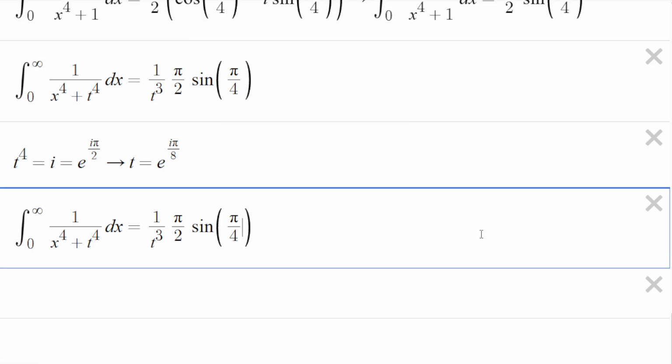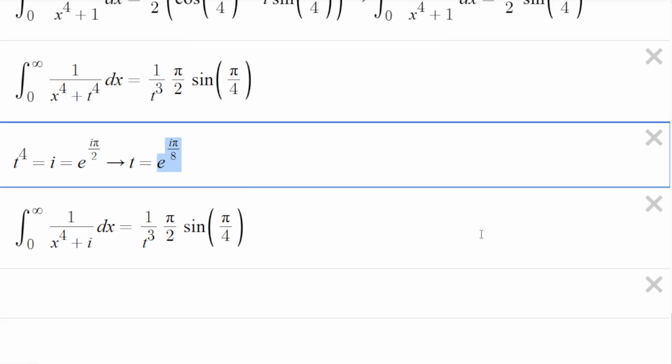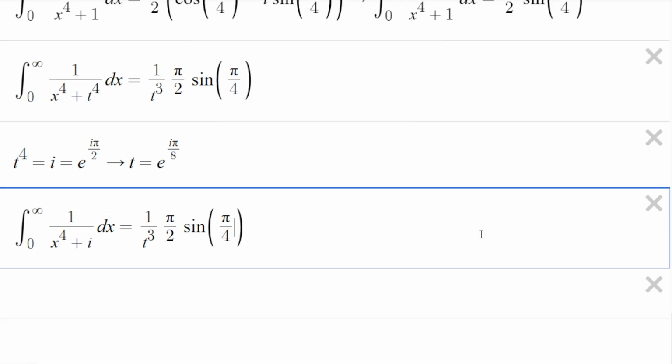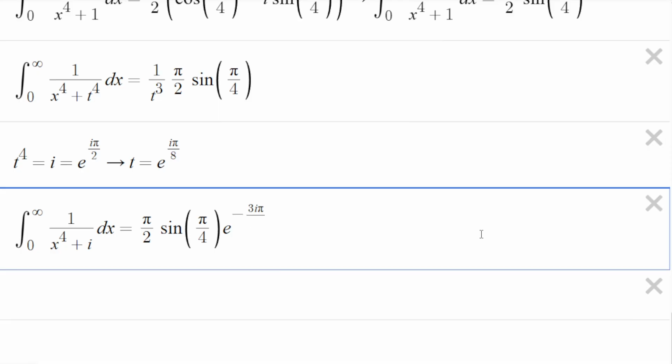Well, we define t to the fourth to be equal to i, and we define t, which led to t being equal to e to the i pi over 8. Let's rewrite this as t to the negative 3. And then our t becomes e to the i pi over 8, so we get e to the negative 3i pi over 8.